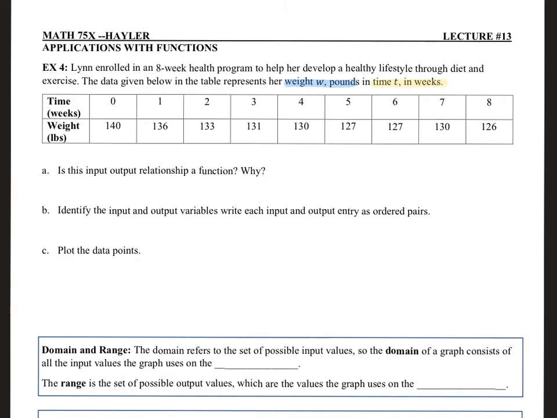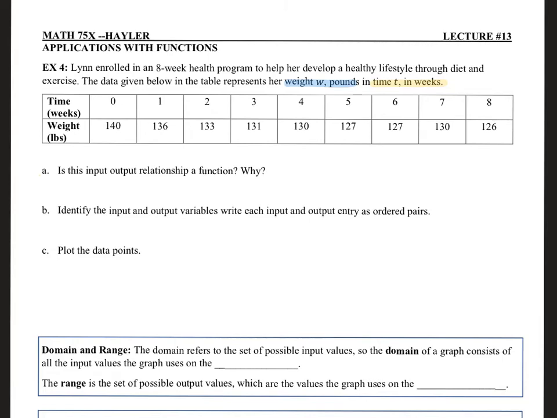And we're given this chart. So let's try to take a moment and read this chart. What does 0 mean? Well, 0, this is the time. So in 0 weeks, she weighed 140 pounds. Well, explaining that, or describing that means, in the beginning, she weighed 140 pounds when she started the program.